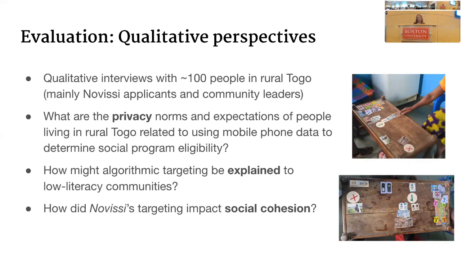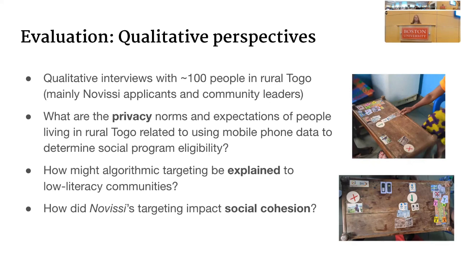We've gone back since then and done a bunch more field work in the rural communities where this algorithm was used, and done qualitative interviews with people who applied for the program and either did or didn't receive benefits, along with community leaders, trying to understand their experiences with the cash transfer program and with the algorithm. This was hugely informative, and it's completely changed the way I would think about implementing these types of projects in the future.